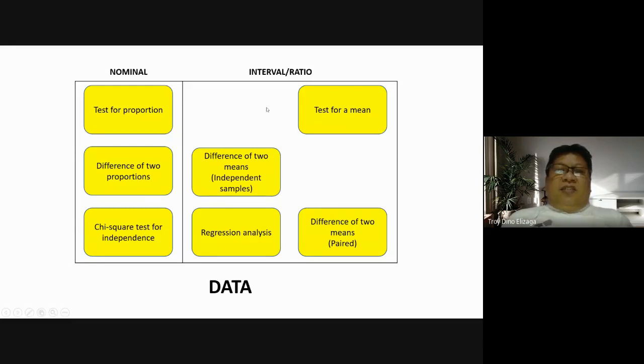If your data is interval or ratio, you use either a test for a mean, a difference of two means using independent samples, regression analysis, or the difference of two means using paired samples.